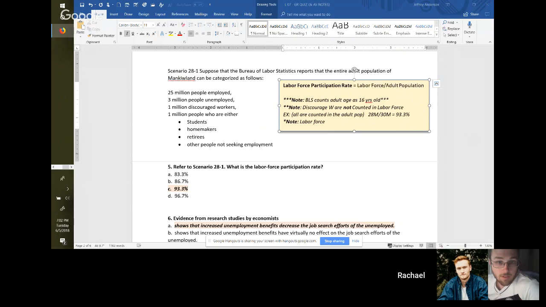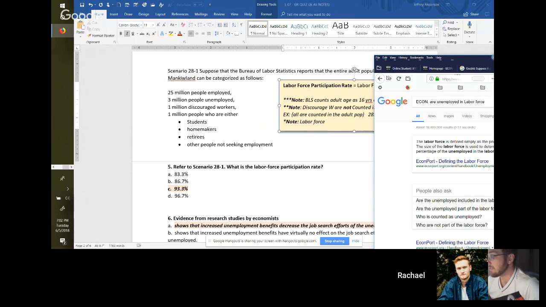Hold on. BLS counts adult age of 16 years old, discouraged workers are not counted in labor force. Yeah. I mean, the labor force is different from the number of unemployed, obviously. And then, okay, hold on. And the last 1 million are those not in the labor force.